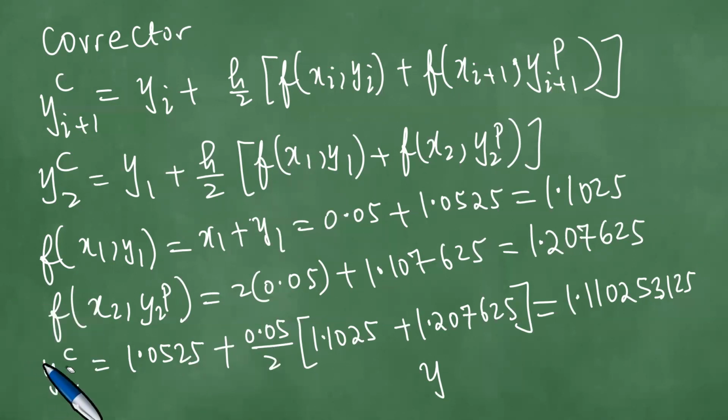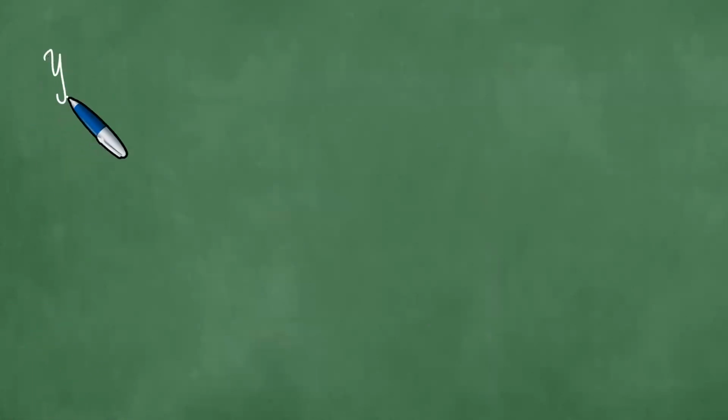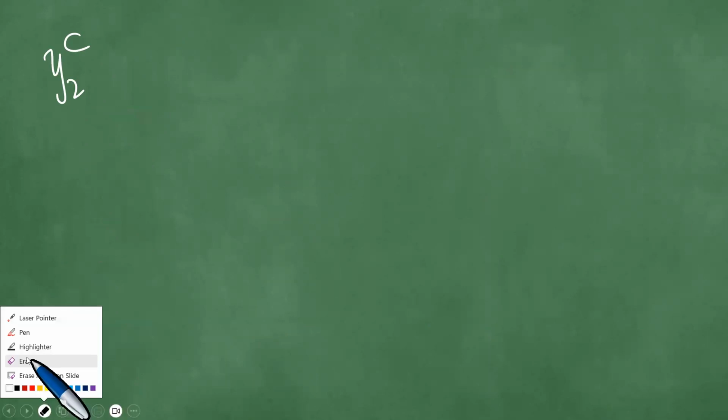I'm going to elaborate on the next presentation. So we need y, and I'm going to write the following: y2 corrector can use the approximate result. This is an approximated value.